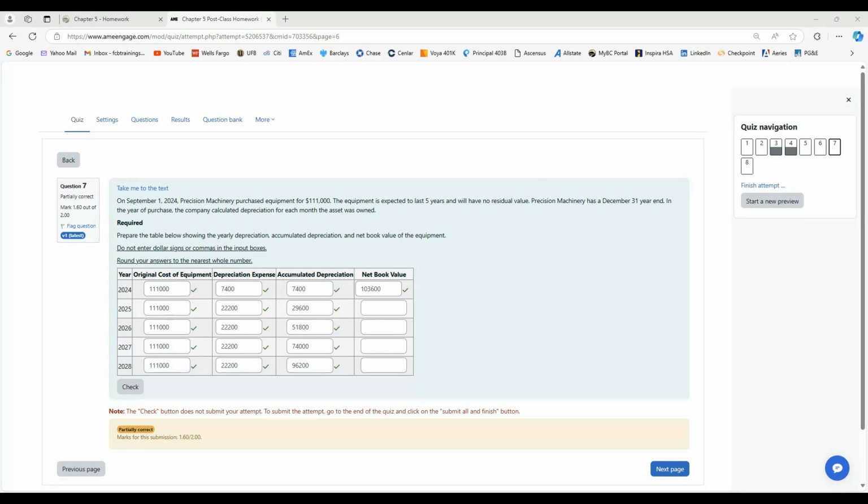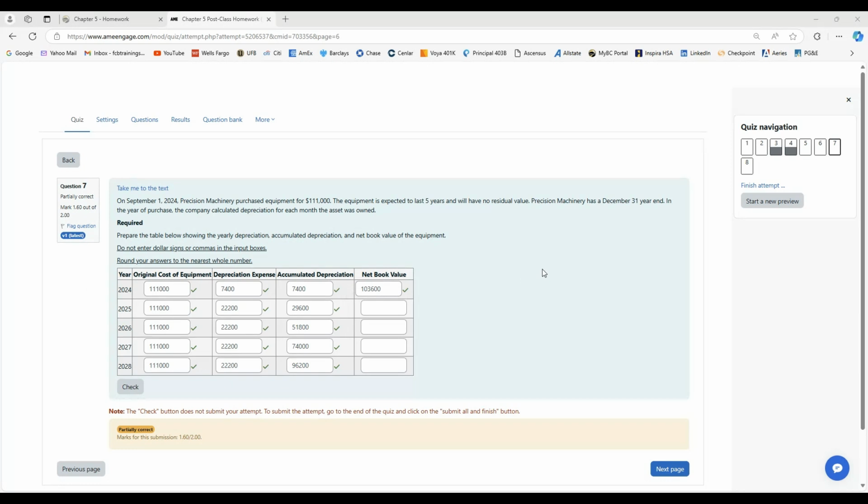And then per month, if we divide the 22,200 by 12, that gets us $1,850 per month. And then we show that we bought the machinery in September. So the first year, since we bought it in September, just has September, October, November, December. So 4 months of depreciation in that first year of 2024. So 4 times the 1,850 gets us to the 7,400.